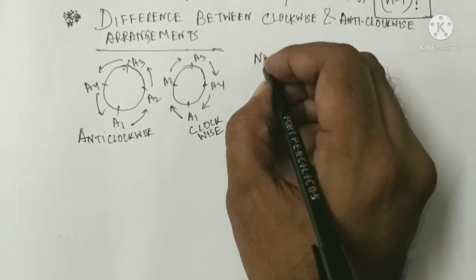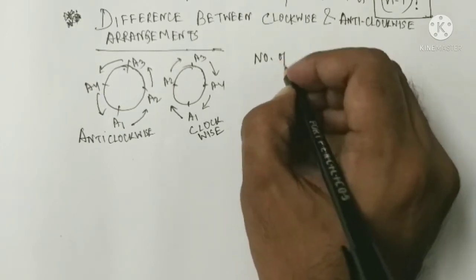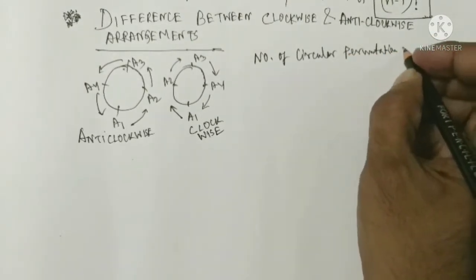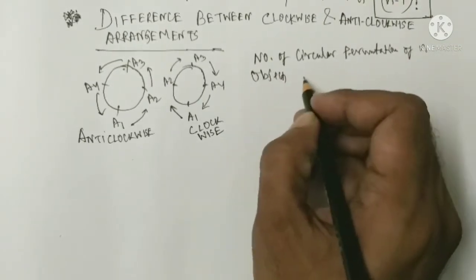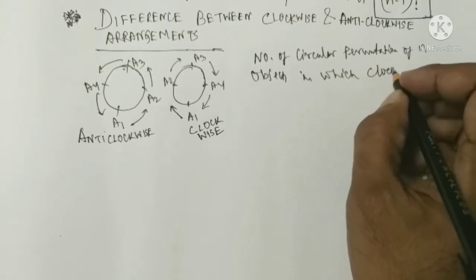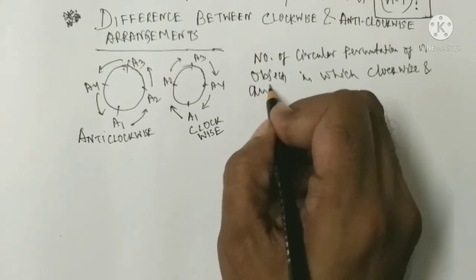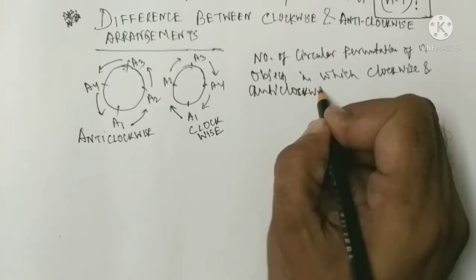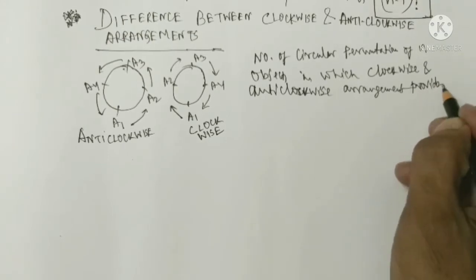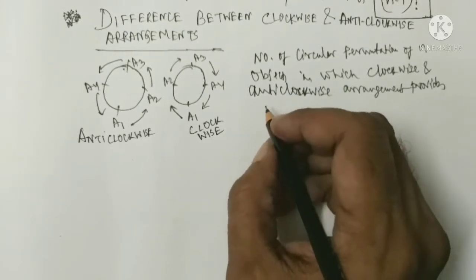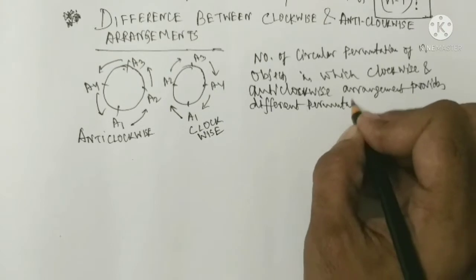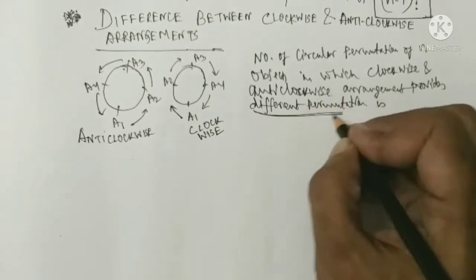Number of circular permutations of n objects in which clockwise and anti-clockwise arrangement provides different permutations.